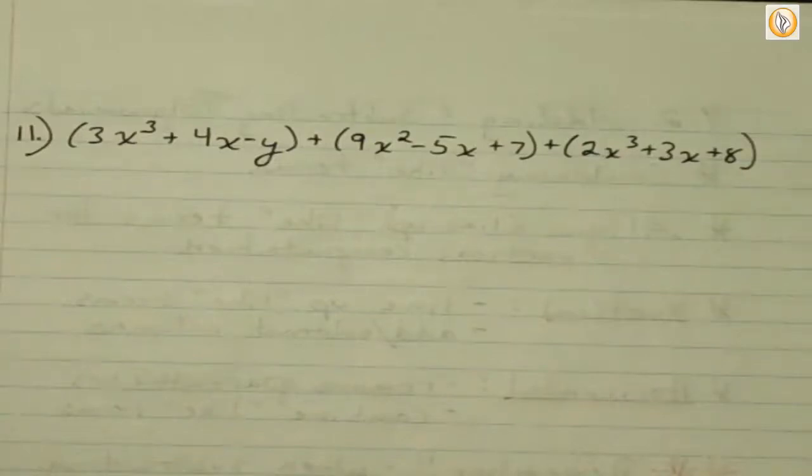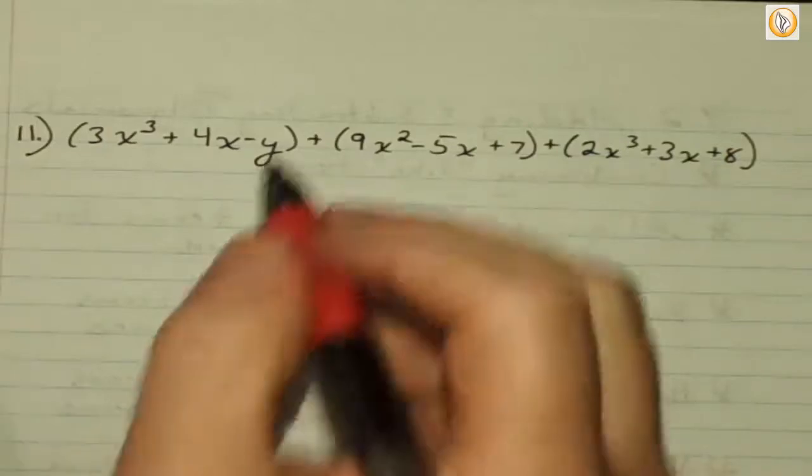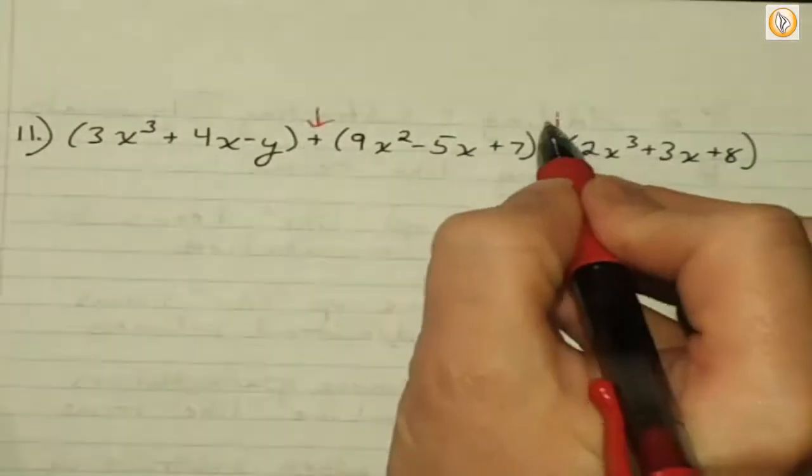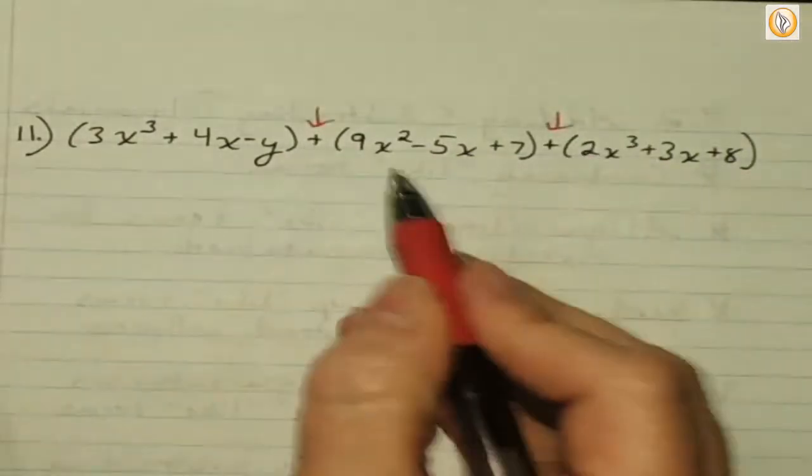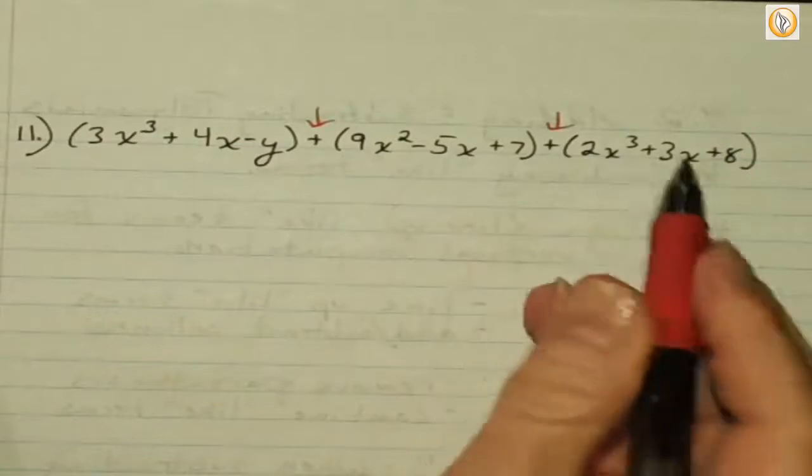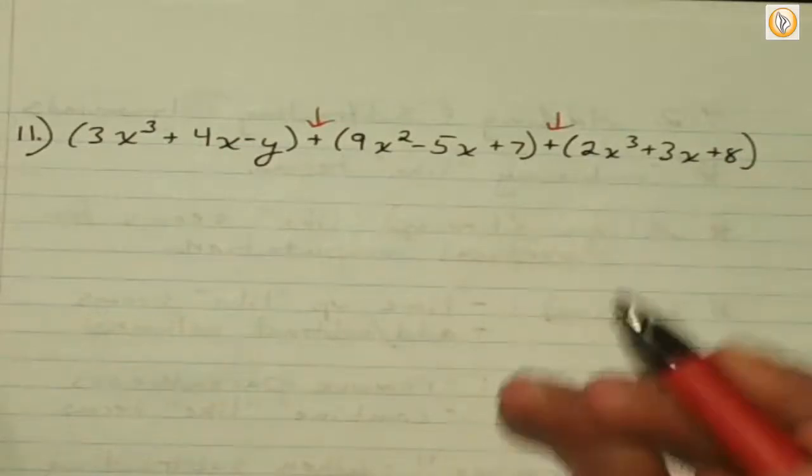Okay, horizontal computation is where you just remove the parentheses and combine like terms. Luckily, we have 2 plus signs, so nothing in these parentheses needs to change.